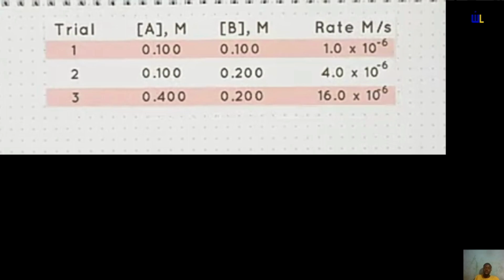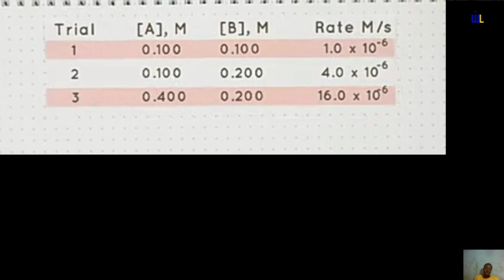So we have two reactants, A and B. So we're going to check the relationship between the concentration of A with respect to the rate, and then check that of B with respect to the rate. Now, please note, when you're taking that of B, the concentration of A should be constant. And when you're taking that of A, the concentration of B should be constant.